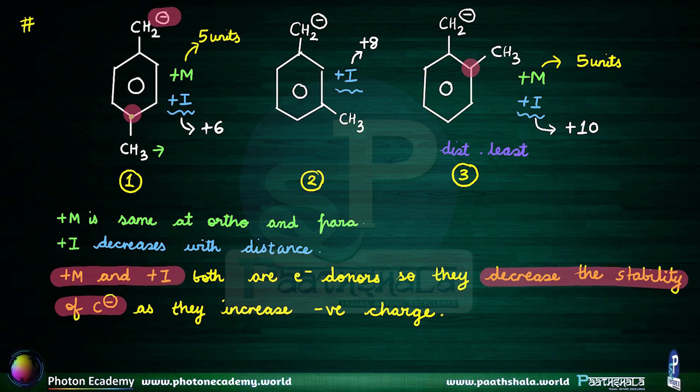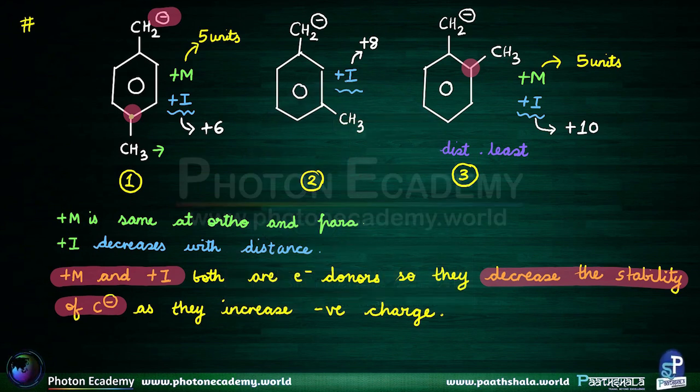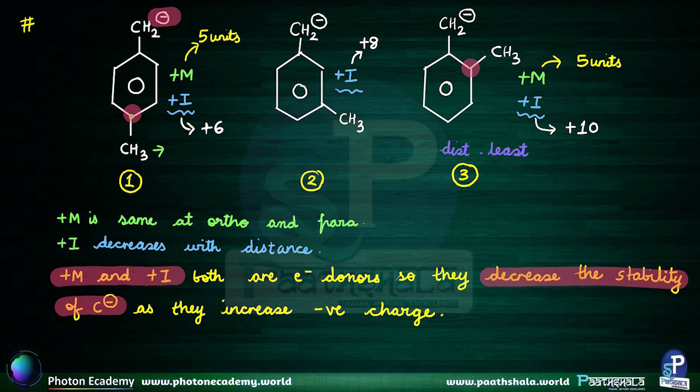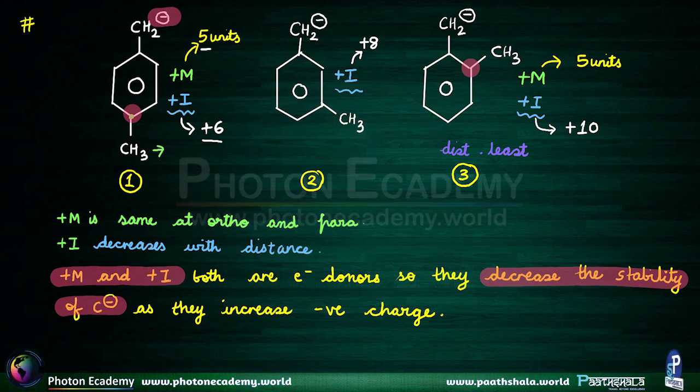Now let us decide on the stability of the species. Why have I given the numbers to them? So that I have a ballpark figure, and I can decide which one is going to give the maximum amount of electrons. Let us total this amount to get a better understanding. I have a plus 6 here and a 5 unit here, so this amounts to a total of 11 units.